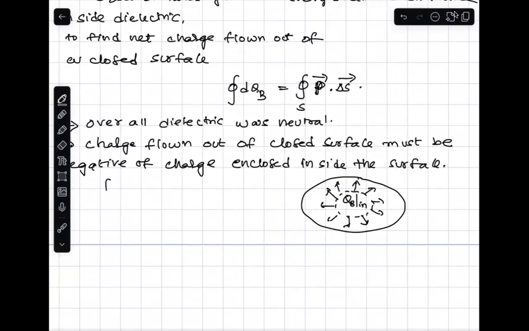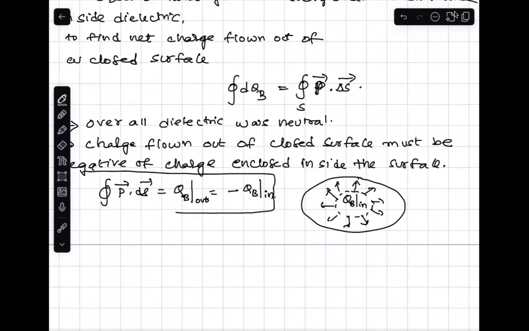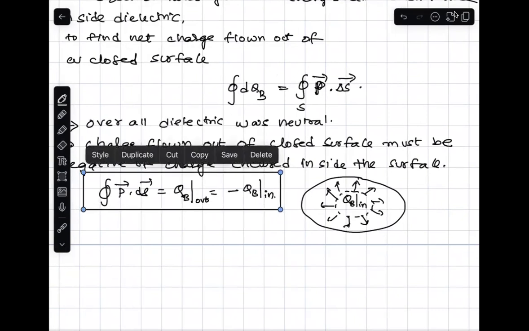So therefore, this can be written as P bar dot ds bar is QB out, which is the same as minus QB. This is a wonderful relation which we will use later on.